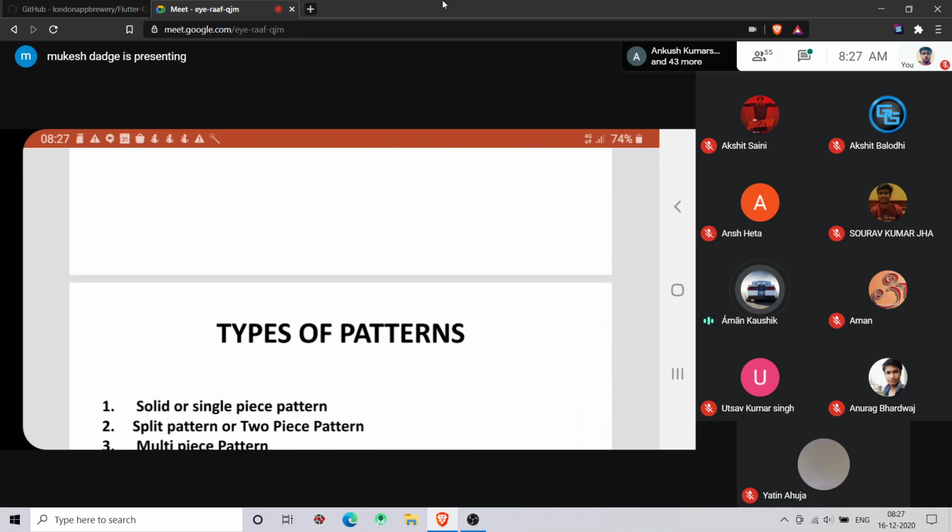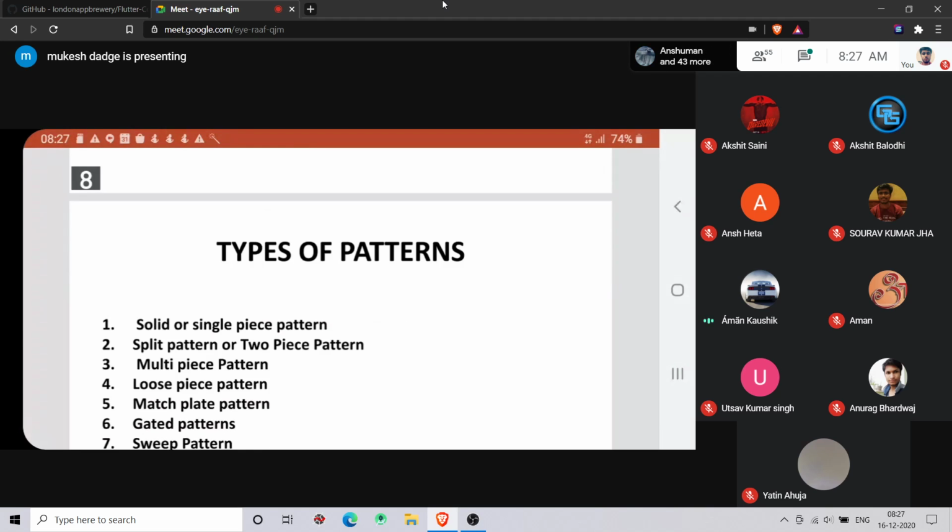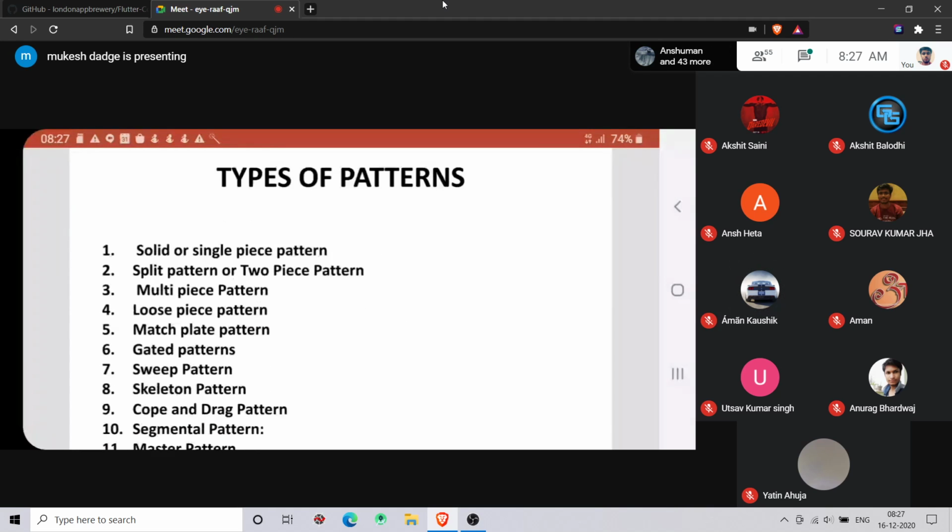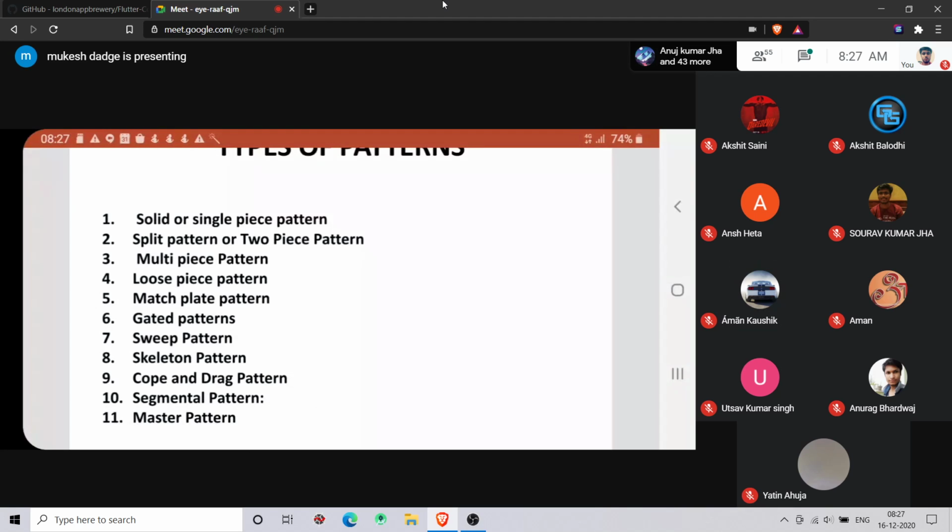Sir, this pattern is half and half piece? No, there are different types of patterns. It may be a single piece pattern that we'll see in the next slide. It may be a single piece, two piece, or multi-piece. In multi-piece, there is a big piece and you have to add a small loose pattern piece on the bigger pattern.